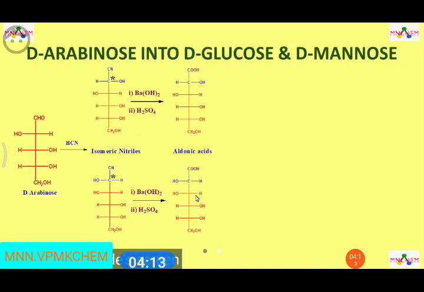So up to this point is the work proposed by Killiani. Cyanation followed by hydrolysis gives us the aldonic acids. Here we are adding one carbon, so these have one carbon more as compared to our original monosaccharide.